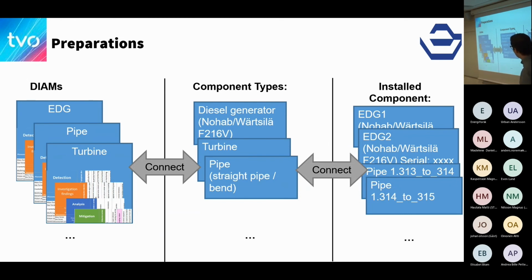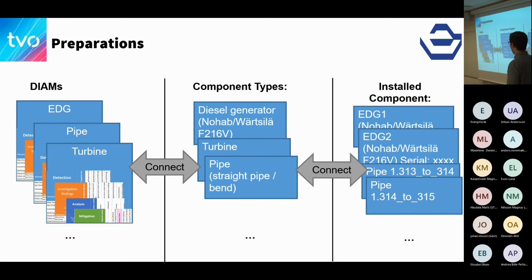After that, regarding the inspections, we need to create component types. A type can be configured as you like, but we have decided to create component types based on a certain type of, for example, diesel generator.